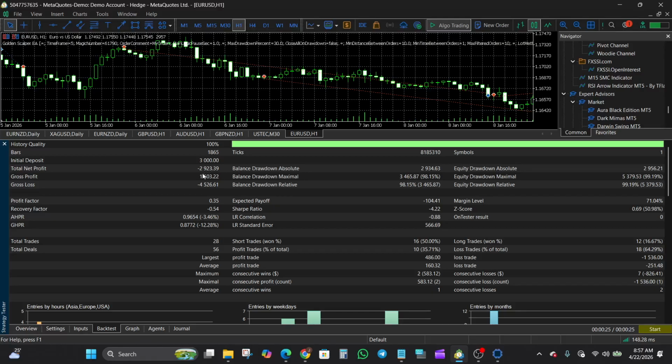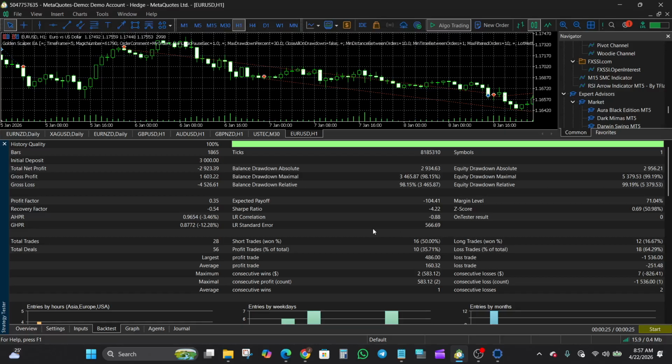Right. The profit factor, of course, 0.35, and out of 28 trades taken over the past 3 months and 3 weeks since the beginning of the year, right? There were 16 short trades, 50% won. There were 12 long trades, only about 16.67% won.